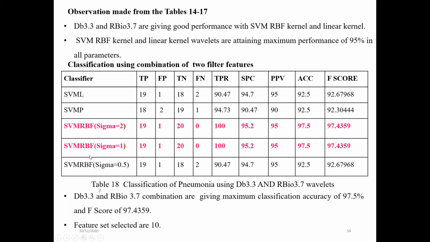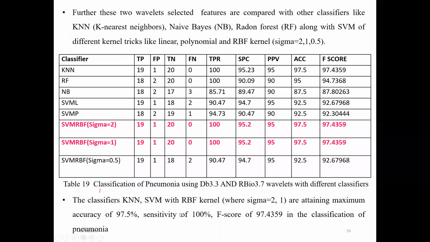You observe here, sigma variation is not going to make much difference. One is with sigma value of 1 and another is with sigma value of 2, but the variation of sigma value 1 and 2 doesn't make much difference. And the feature set that is selected consists of 10.